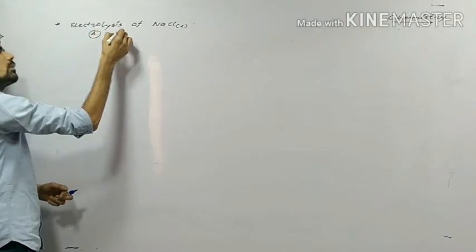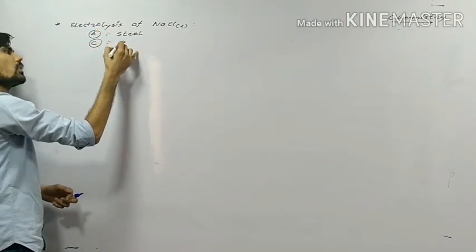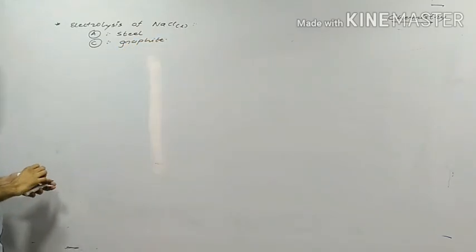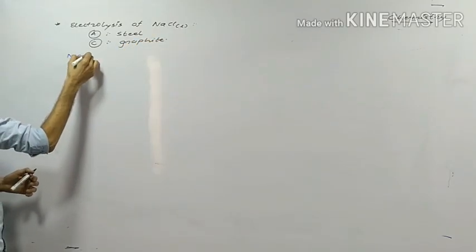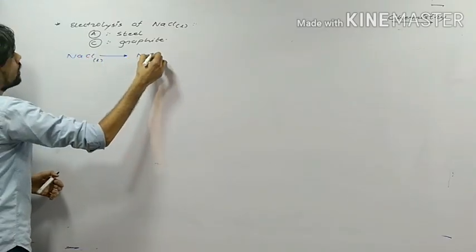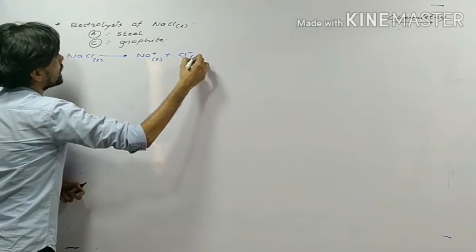As an anode we are using steel, as a cathode we are using graphite. NaCl liquid will give Na+ liquid and Cl- liquid.